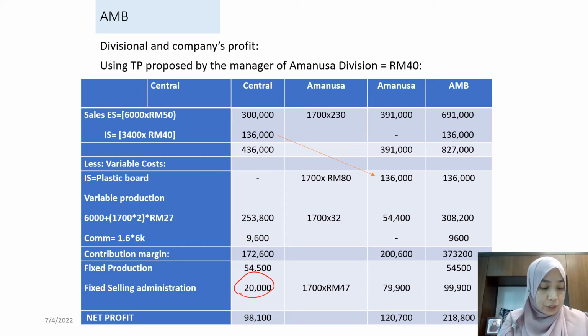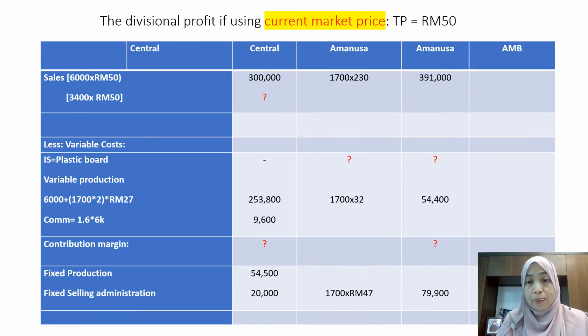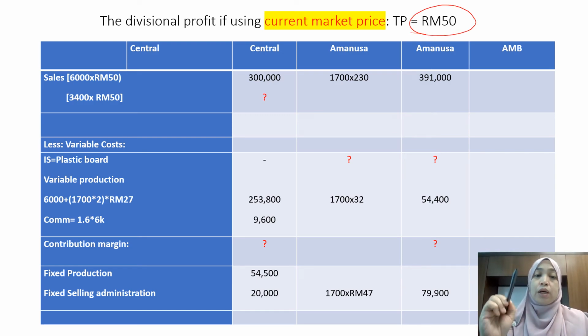Alright, then we move to the second requirement. Discuss the effect on the divisions' profit and profitability of the company if the goods are transferred at current market price. Currently you sell plastic board to outsiders at 50 ringgit. Now you change your transfer price to 50 ringgit.